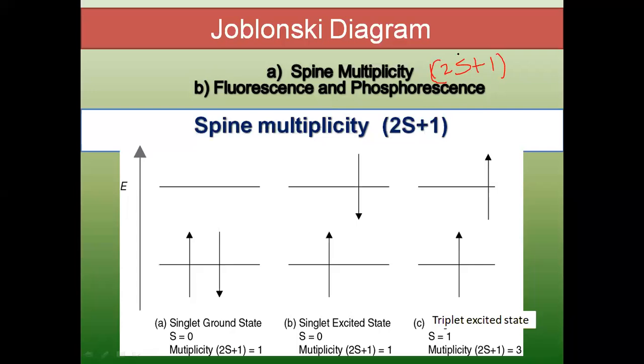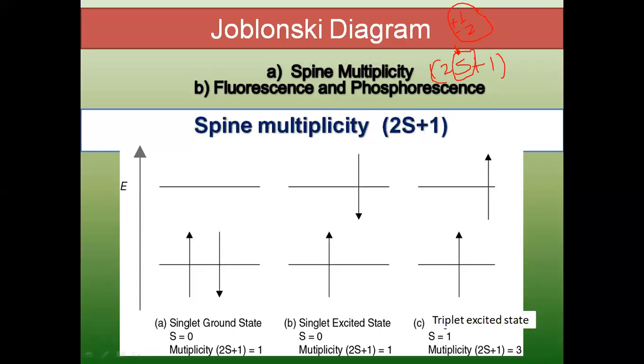Okay, so S is the spin quantum number, the spin quantum number of all electrons. We know that plus half or minus half is the spin of a single electron. So if there are a number of electrons in the atom or molecule, the sum of all electrons gives the total spin for that atom or molecule.